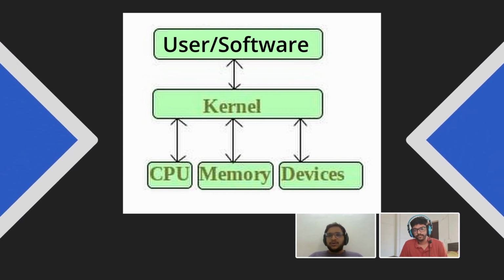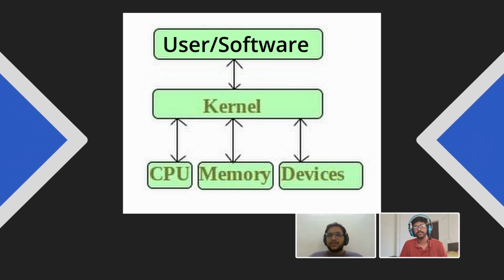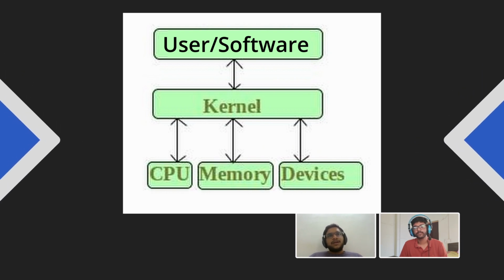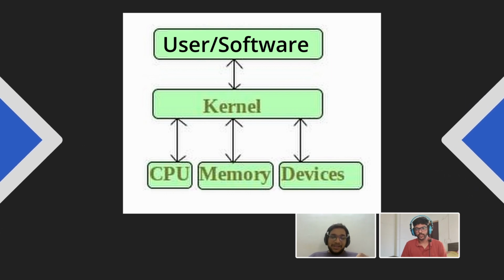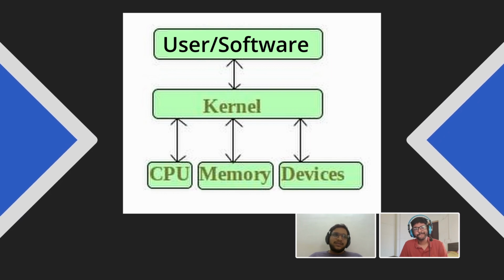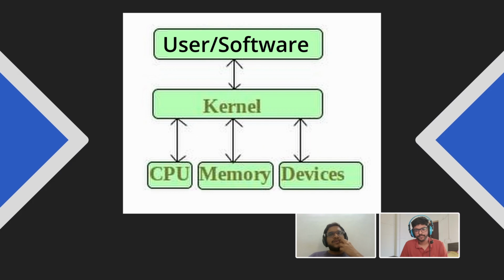Whatever you interact with at the user level goes down and interacts with a base level of software, I don't know what to call that anymore, and then it goes down to hardware. The kernel layer interacts with your hardware. That's the most basic idea you can get about an operating system.